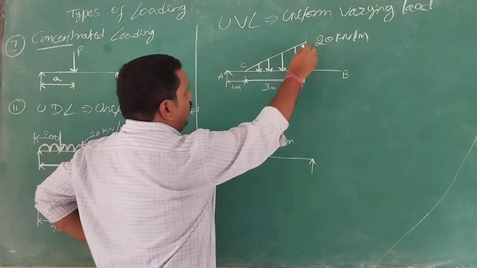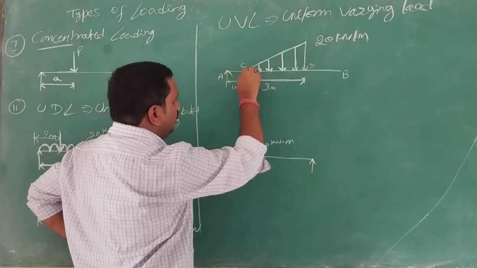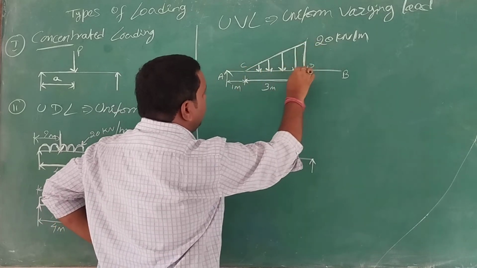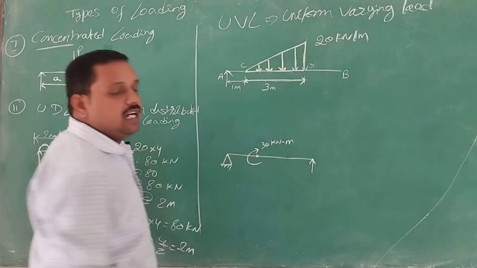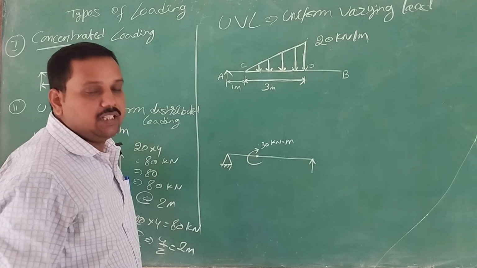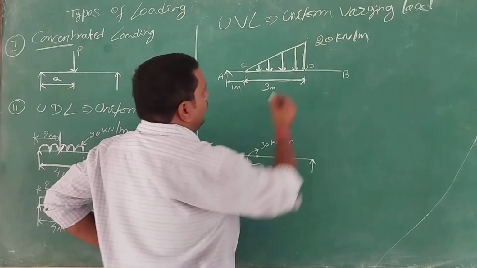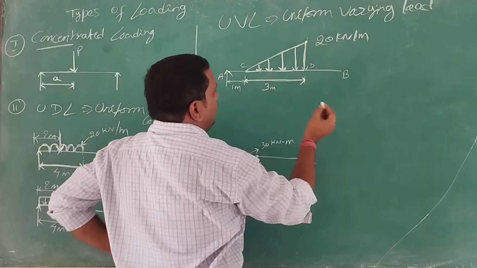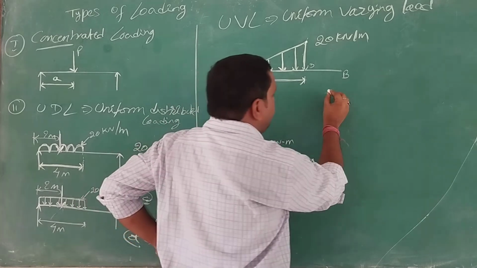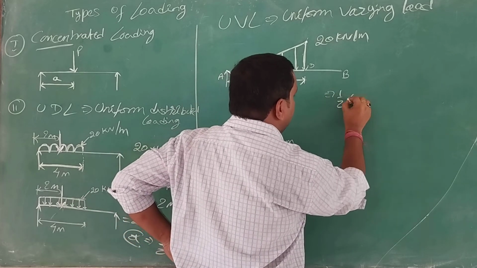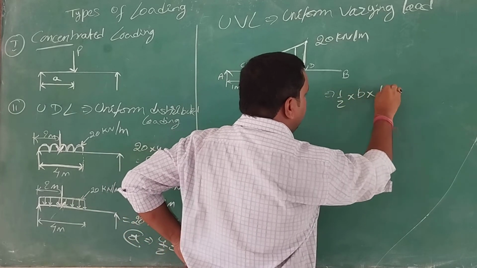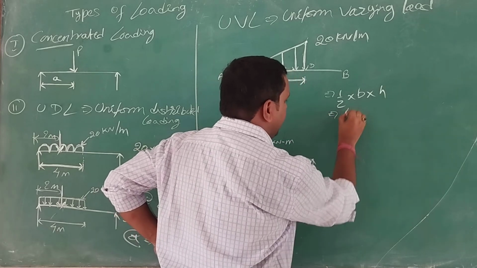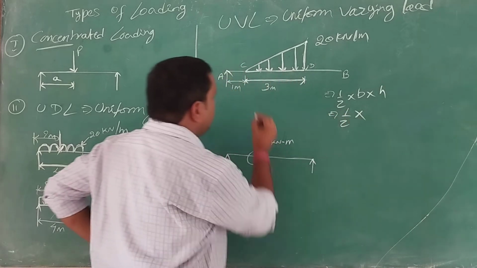Then the total load will be nothing but the area of triangle. What is the formula for area of triangle? That is half into base into height. What is base?